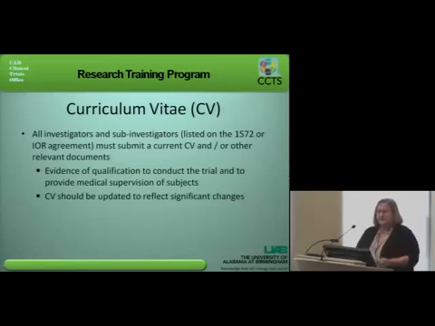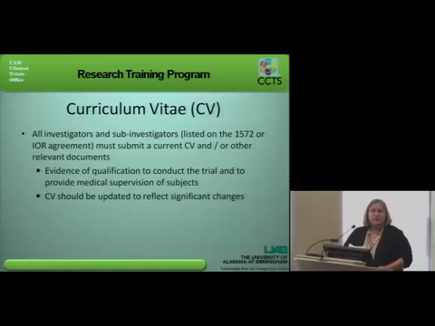The CVs. The CV is another central document. All investigators and sub-investigators listed on the 1572 or your IOR must have a current CV, and that current CV must be in accordance with whatever your sponsor requires. Check with your sponsors. Some sponsors want an updated CV every year, every other year, or every 5 years. So make sure that you check with them to determine how current the CV must be and whether it needs to be signed and dated.